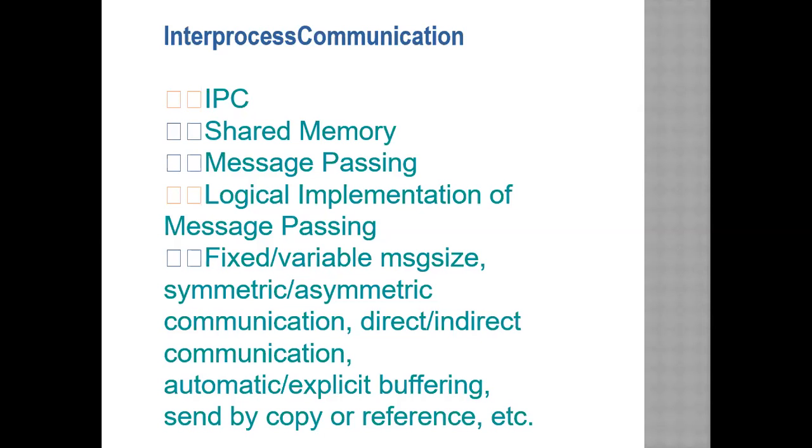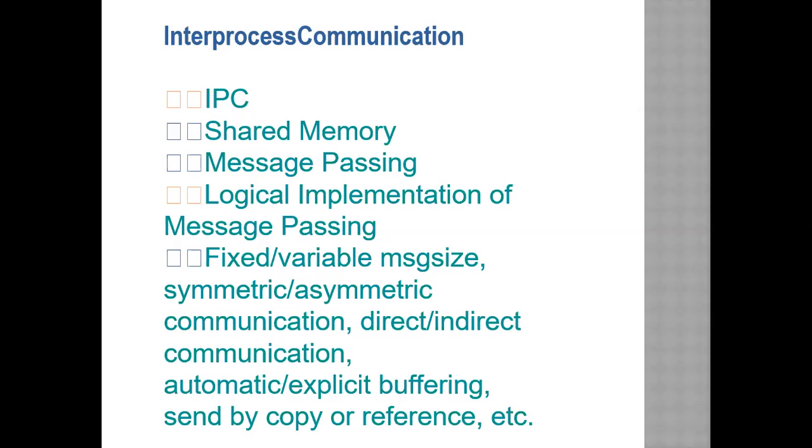The message can be symmetric or asymmetric in nature. Communication can be direct or indirect, so I can have a direct cable connection or an RF connection, or it can be through different routing. Then there is automatic and explicit buffering.